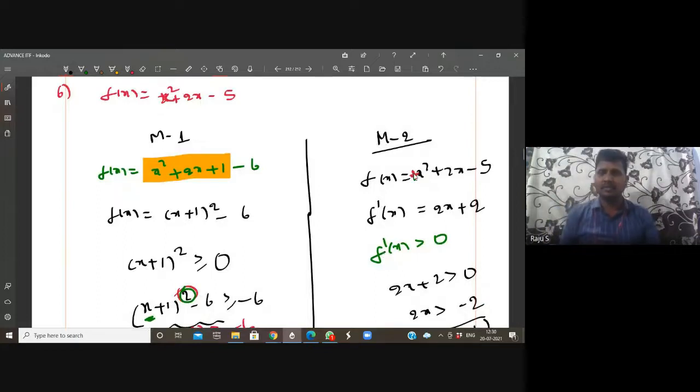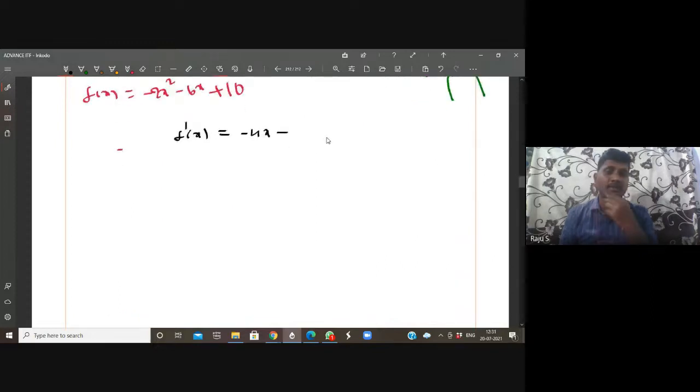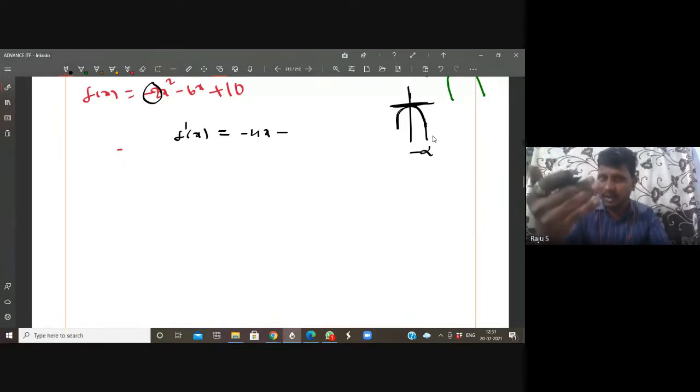When the x square coefficient is positive, we get a minimum value, not a maximum value, since the maximum tends to infinity. When the x square coefficient is negative, the parabola opens downwards, so it has a maximum value, and the minimum tends to -infinity, which we cannot consider. So when the coefficient is negative we get a maximum value, and when positive we get a minimum value. This is very useful for you.